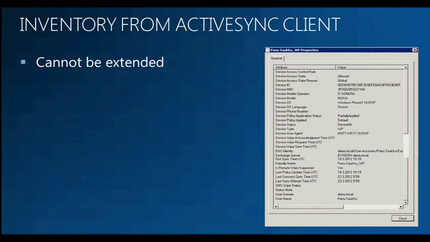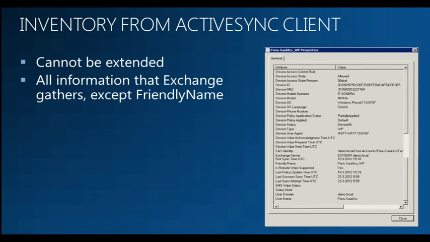Inventory: you get a fixed set of attributes from Exchange. It cannot be extended, so this is all you get. There is one missing piece in Config Manager. There is a setting called friendly name, which is not part of the Config Manager inventory of ActiveSync devices.